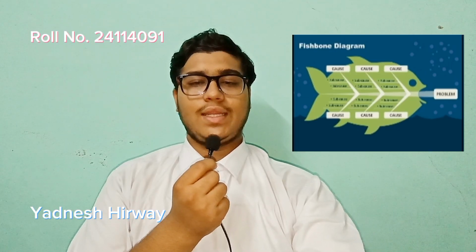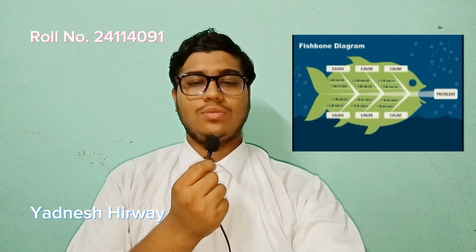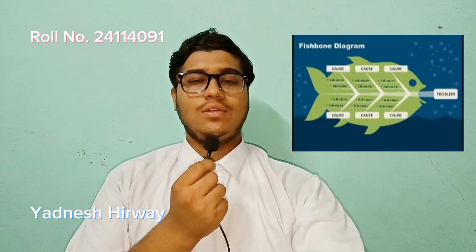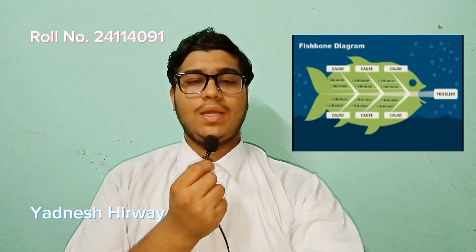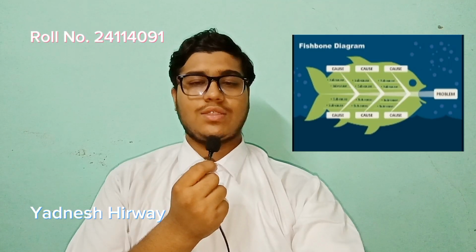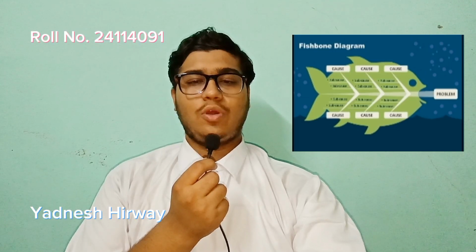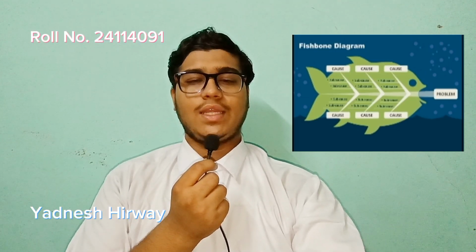Write the different categories of causes as a heading for each smaller bone. Some of these smaller bones can be named as methods, machines or equipment, people or employees, information, raw materials, etc. It's important to brainstorm all the possible causes of the problem and write them down in the appropriate category.